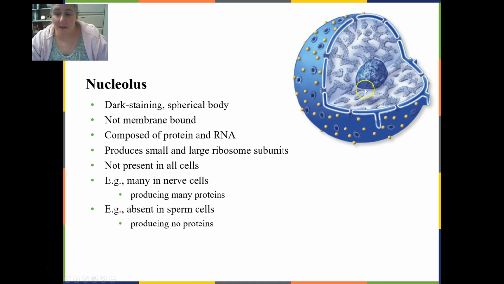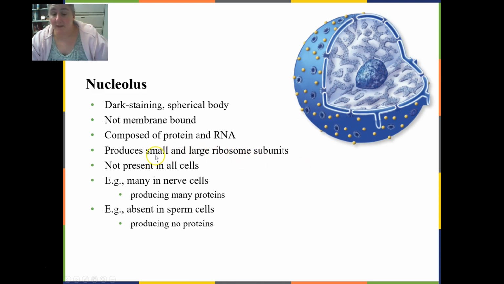So inside of the nucleus, we have this nucleolus. The nucleolus is a region of the nucleus that produces ribosomes. Ribosomes are composed of protein and RNA. I haven't talked a lot about the ribosomes yet. Ribosomes function in protein synthesis.